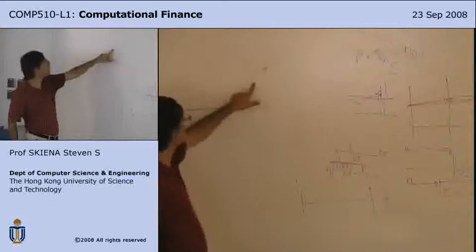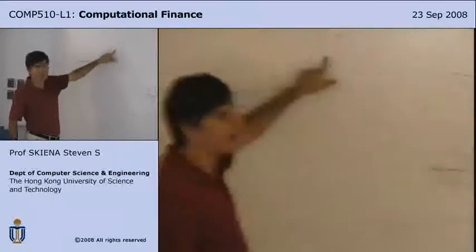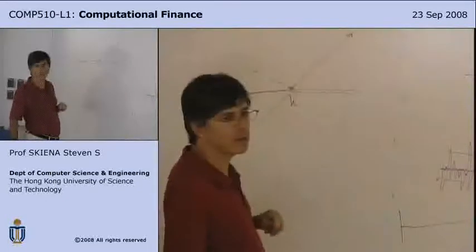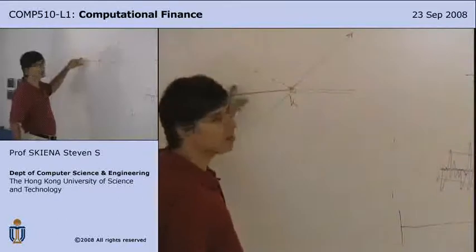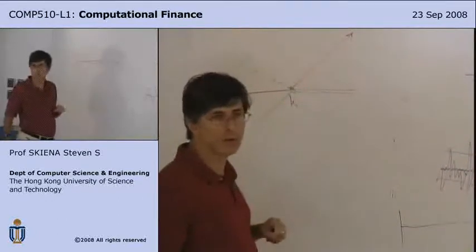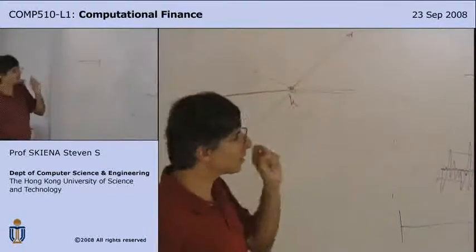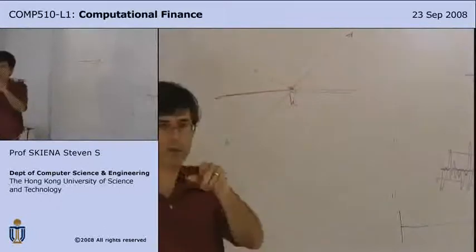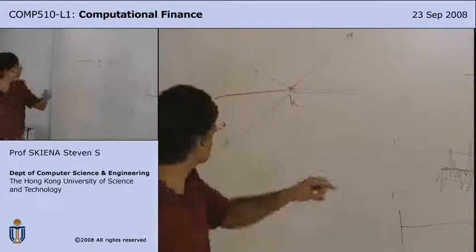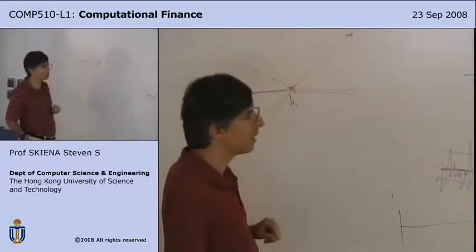If the price is above K at time t, I make the profit of that minus this. If the price is below it, because I sold the put, I lose the strike price minus the spot price. Does that make sense? If the price is so much less than this, the difference is what I lose.